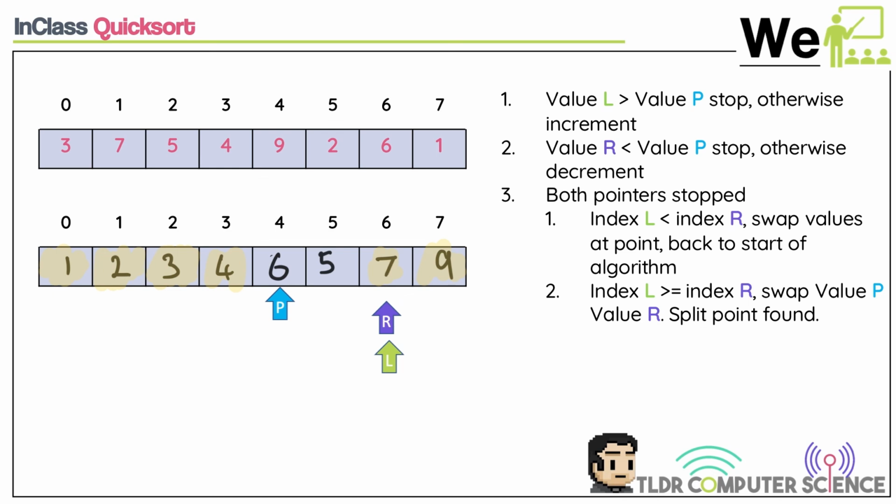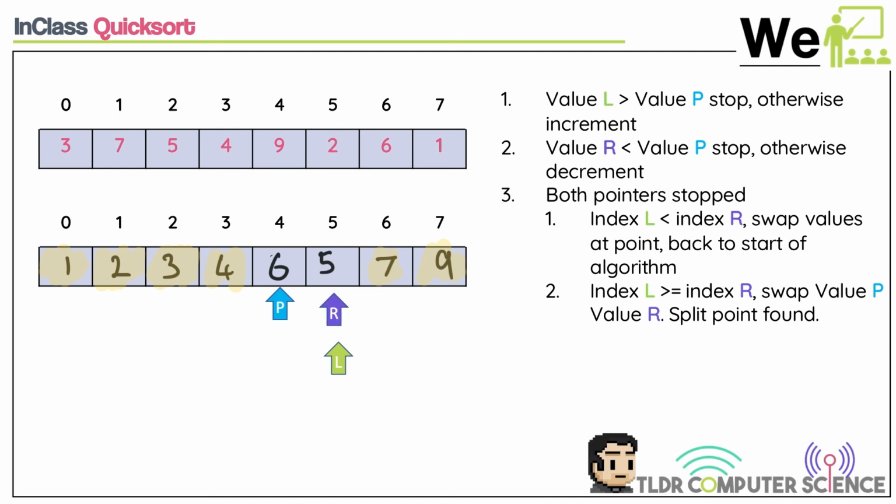And now we have a list with just 2 items left in it. The split point didn't work out perfectly for us. Pivot point in the first item, left and right sitting on the same one. Is L higher? Well, it doesn't really matter because it can't increment, but is 5 higher than 6? No, it isn't, but it can't move because there's no more space for it to go to. Is R less than P?